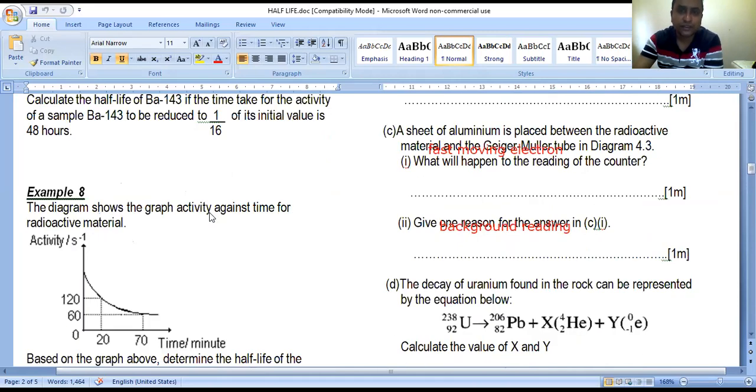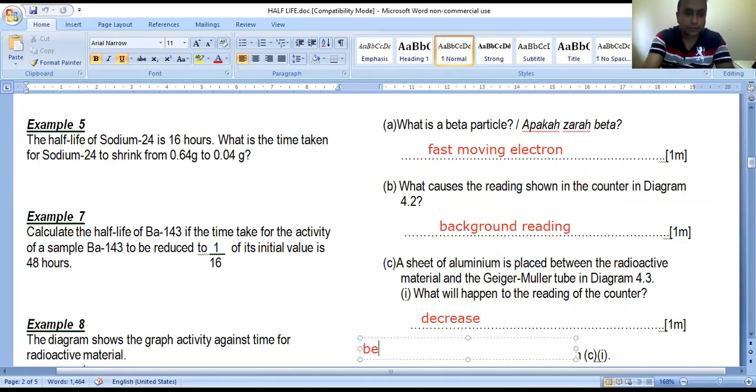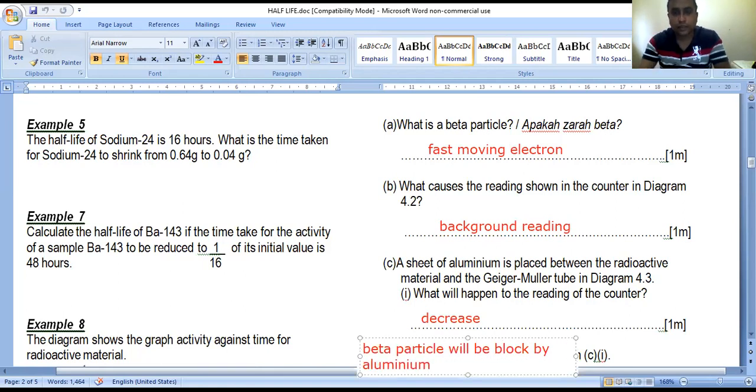That means your reading will decrease, because the beta particle will be blocked by the aluminium.